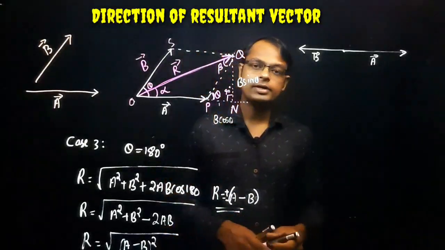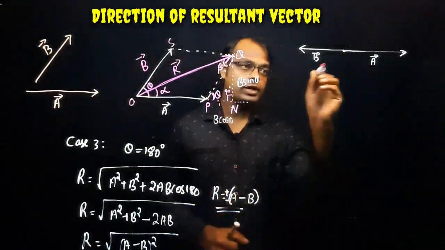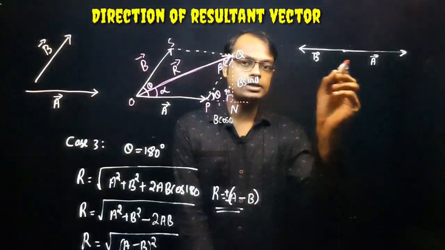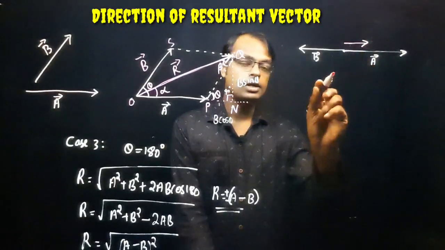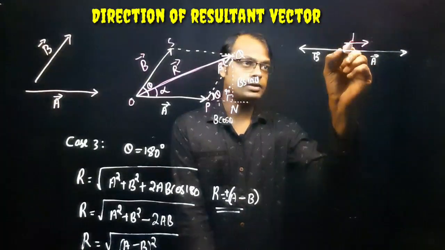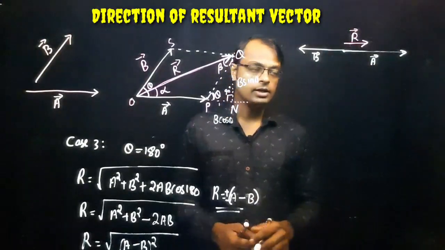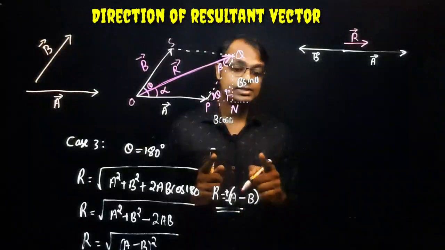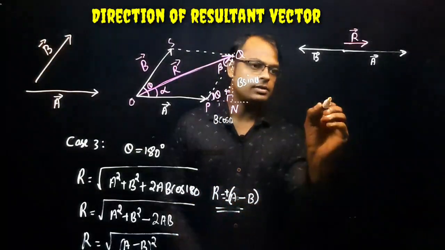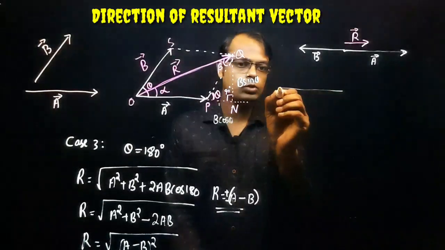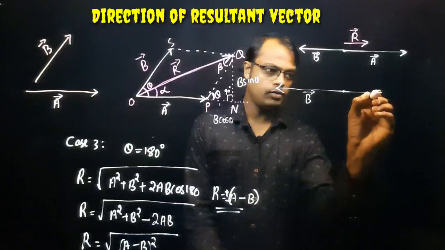The A vector is greater than the B vector. That means when you subtract A minus B, you will get the resultant in the direction of the A vector. So this is the direction of the resultant vector, which can be taken as plus A minus B. At the same time, imagine the B vector magnitude is greater than the A vector magnitude. See, this is the A vector magnitude.